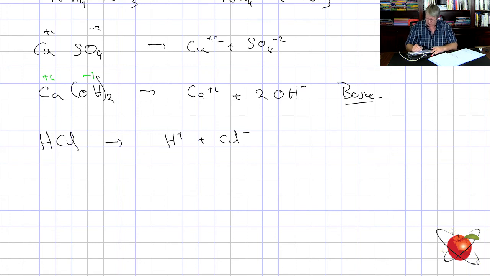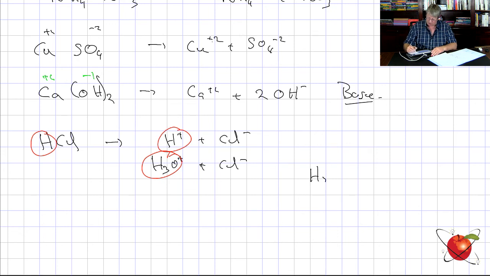Now the H, generally speaking, goes and adds onto water, called the hydronium ion, H3O+ and Cl-. This is your acid here, isn't it? This red guy, he's the acid. Can you see that the H3O+ and the H+ are the same?